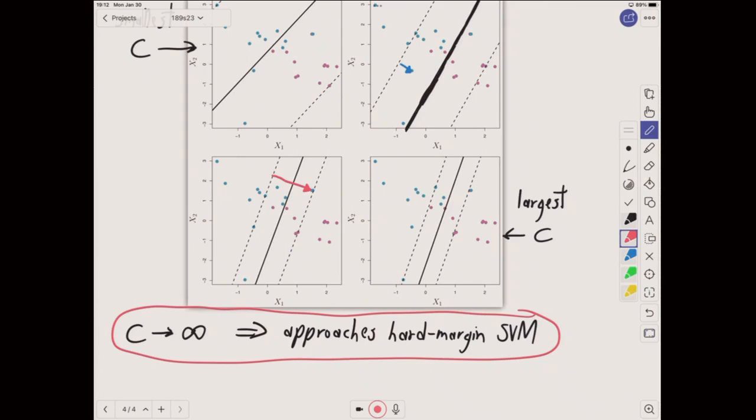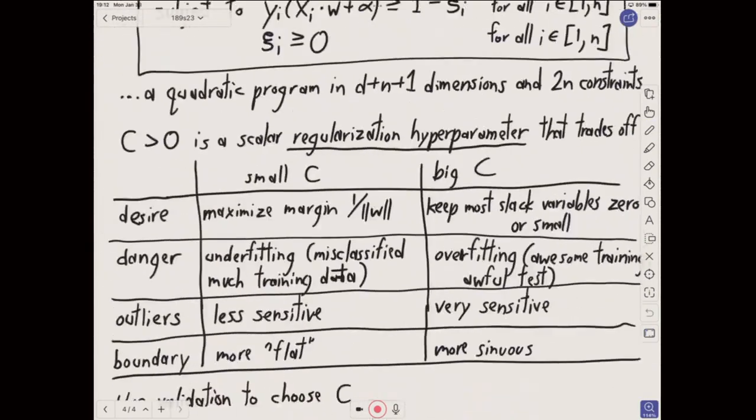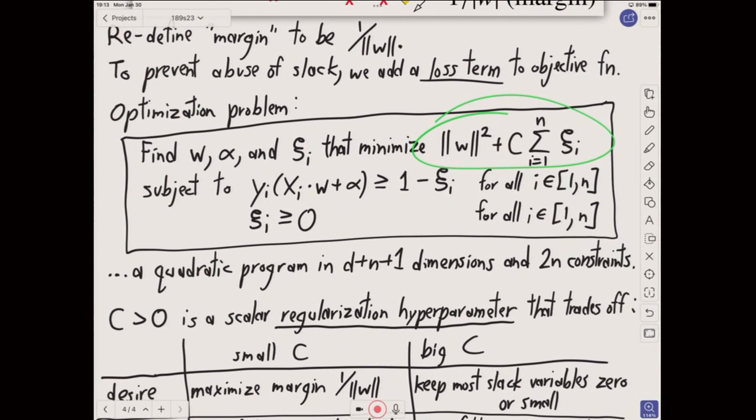Where does the 1 minus error term come from? I get why we want to have a negative error in the optimization function, but why do we have specifically 1 minus error? Well, the reason why we have a 1 here goes back to my explanation of the hard margin support vector machine last week. If you'll recall, the constraint just looks like that, with the 1 on the right-hand side.